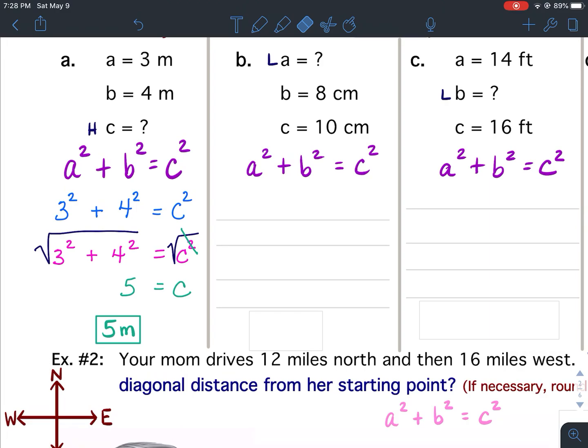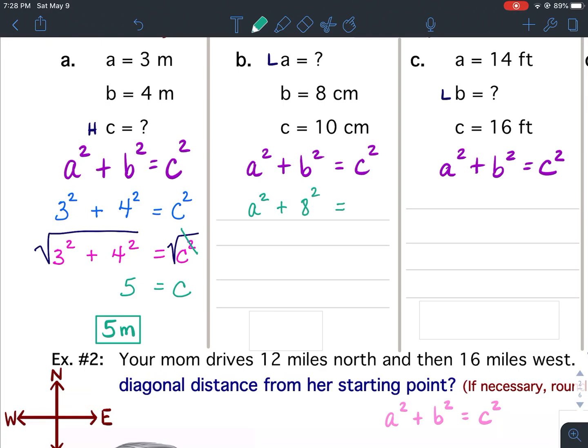Okay, example B. This time we don't know A, but we know one of the legs, which is B, and we know the hypotenuse, which is 10. So I'm going to fill in what I know. I don't know A, so it will remain A squared. I know that B is 8, so that's 8 squared.